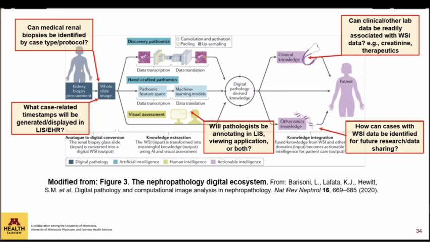So when I look back at that figure of the model ecosystem applied to pathology, and I think about what that will mean to our LIS and EHR build, these are the overlay questions I have.